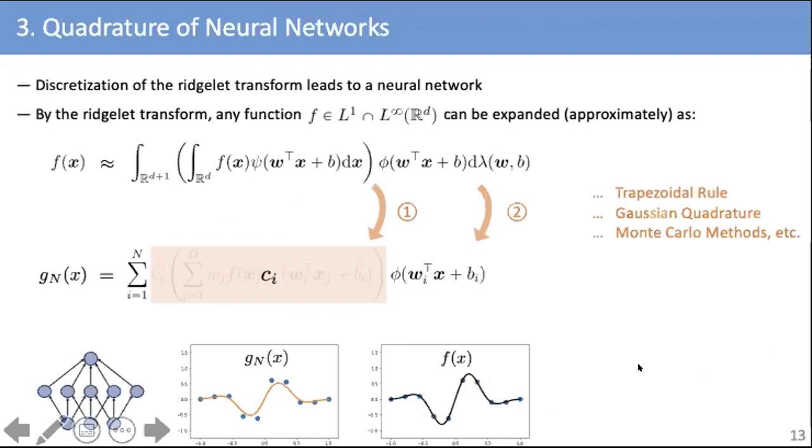Okay, so in this procedure, the two integrals, 1 and 2, are discretized by some quadrature methods. Any type of quadrature method can be applied for 1 and 2, such as the trapezoidal rule, Gaussian quadrature, or the Monte Carlo method. And this is where the probabilistic numerical method comes into the story.